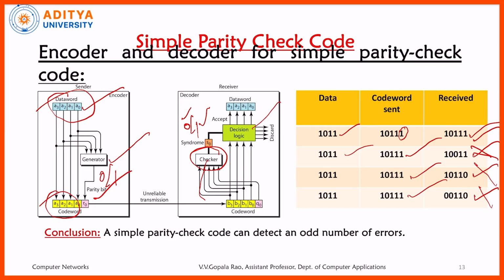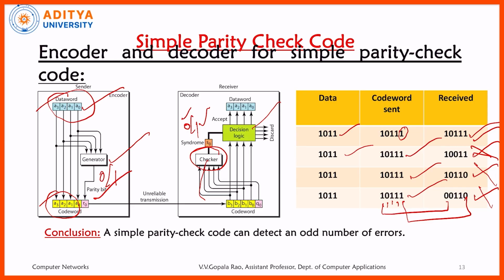In the case of the last example, a 1 is altered to 0, this 0 is as it is, this 1 is also as it is, this 1 is also correct, and the last one is again made 0. So, 2 bits are altered. That is what I am saying: because an even number of bits are altered, you cannot detect whether an error has occurred or not.